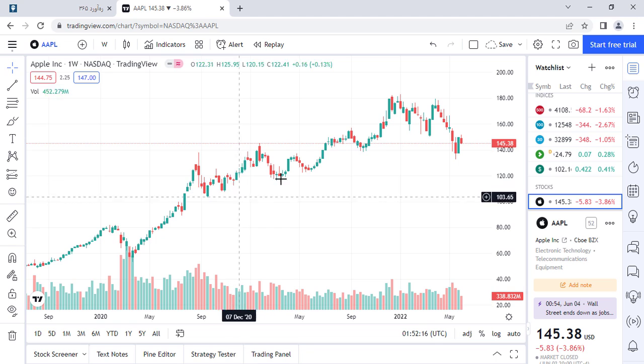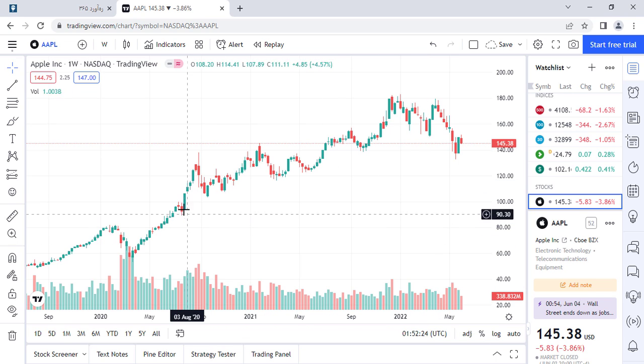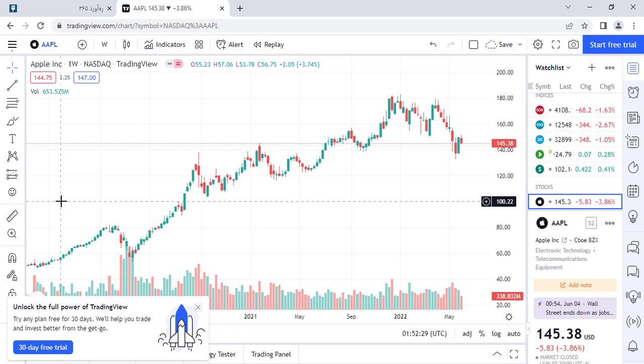And what is this? And what are these?" I will explain about this subject. We call these shapes candles, and they have some information in themselves.